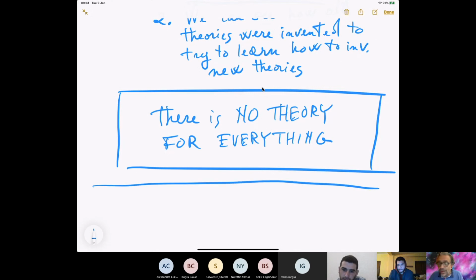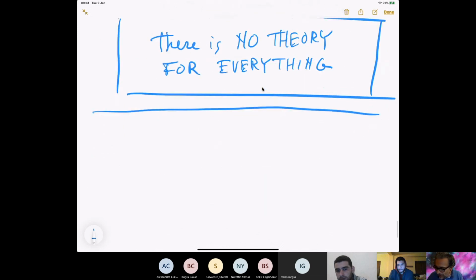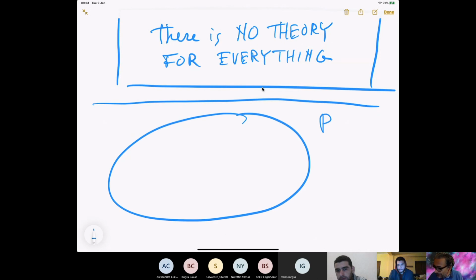So we know that we cannot describe all the time every aspect of reality using a unique model. Every time somebody declared, my model explains everything, unfortunately, soon a phenomenon not explained by that theory appeared. So you must intend, if this is the set of phenomena, there is a partition of the set of phenomena.